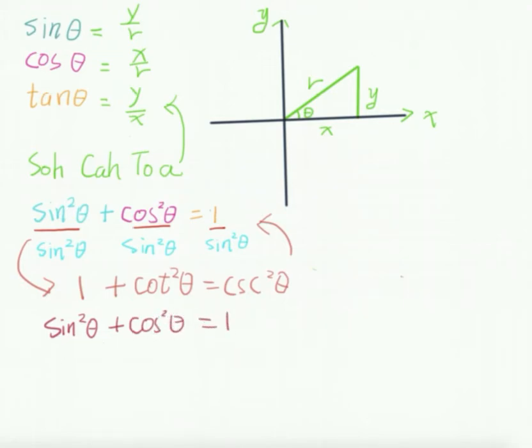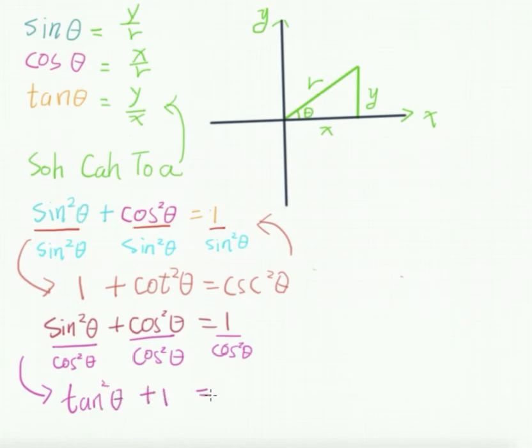And this time we will divide it by cosine squared of theta. And this is just the same as tangent squared plus 1 equals secant squared theta. So there you have it. The 3 fundamental identities proved.